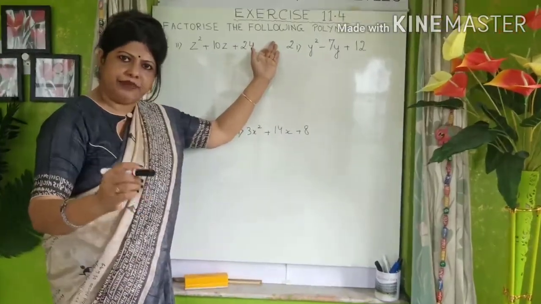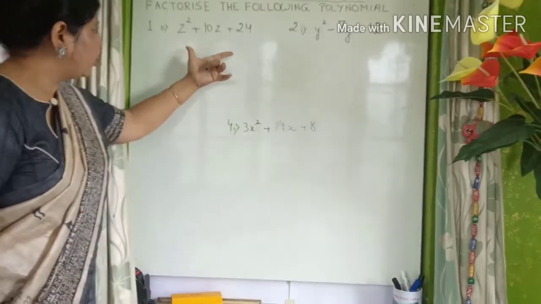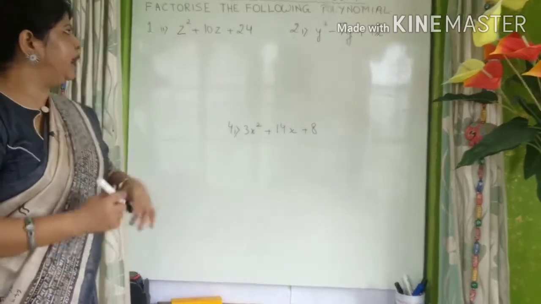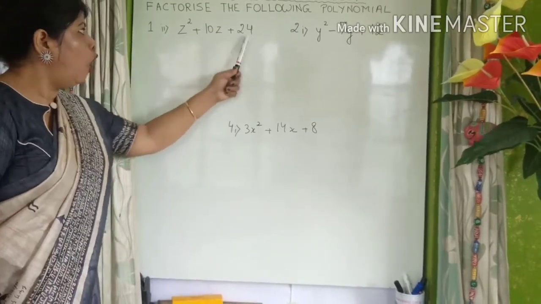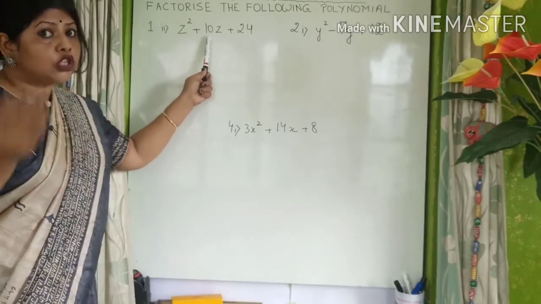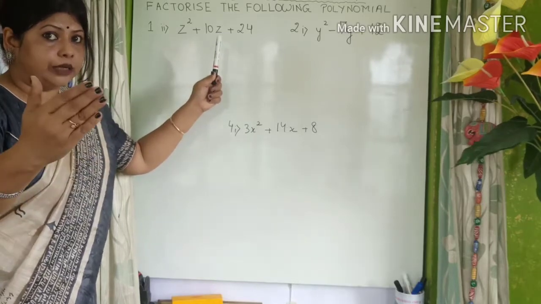Question is the same, that is factorize the following polynomial. Study the question carefully. Z square plus 10z plus 24. Here, all the terms do not have a common factor, so I cannot solve it by taking out a common factor from all terms.